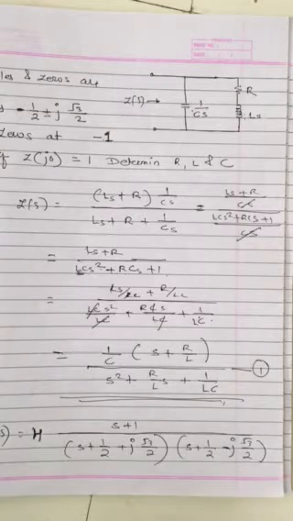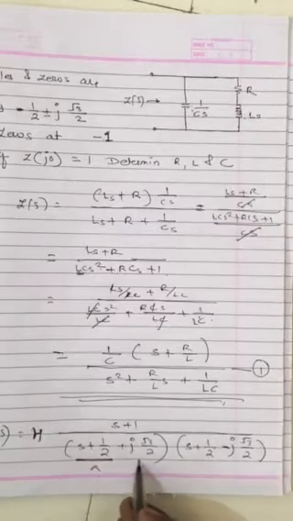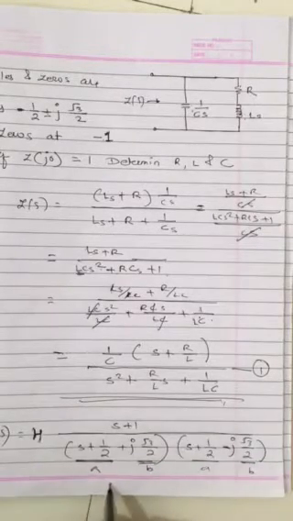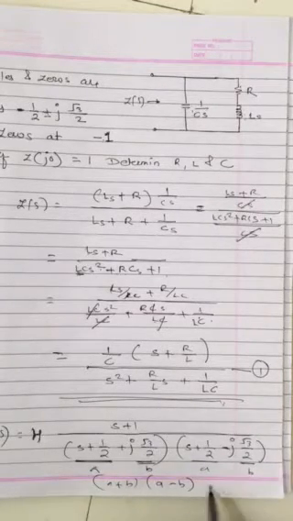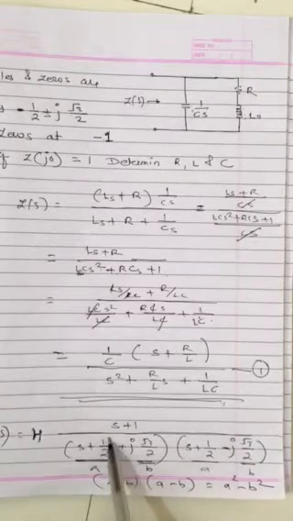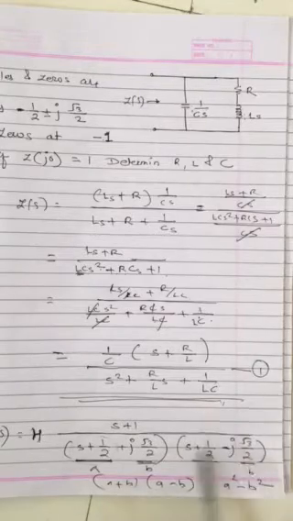Now you can see that if you consider this s + 1/2 as A and this as B, then you have the equation (A + B)(A − B), right? And this is the formula for A² − B². So for the denominator I can write this A² minus this B².